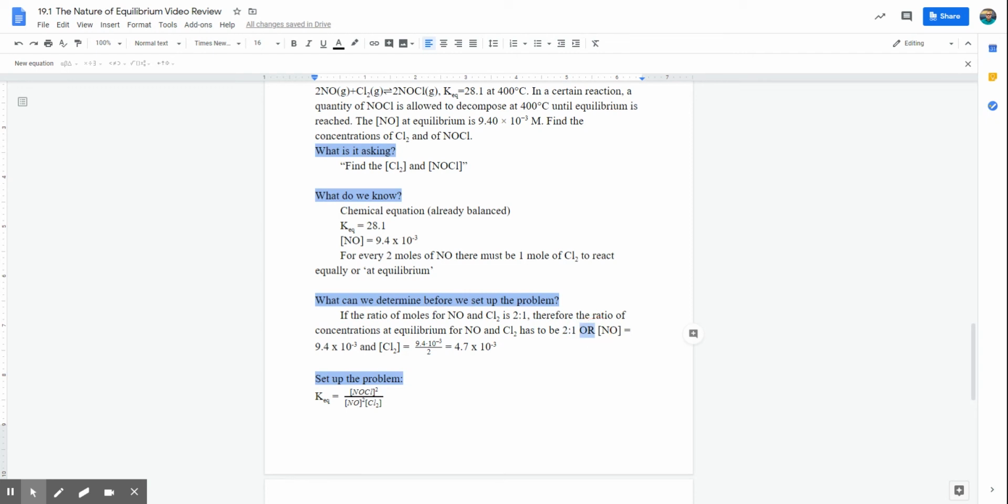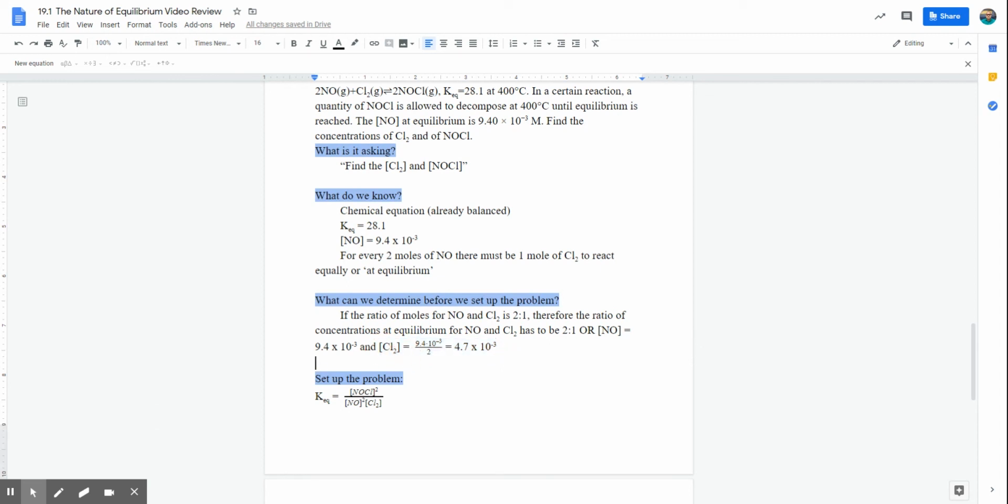Or if I write it as the concentration of nitrogen monoxide, which is what I'm given, I will take my concentration of nitrogen monoxide and divide it by 2 to find the concentration of chlorine. Remember, you only need half the amount of chlorine for a full amount of nitrogen monoxide. Okay, so knowing that, I already solved then for the concentration of chlorine gas.